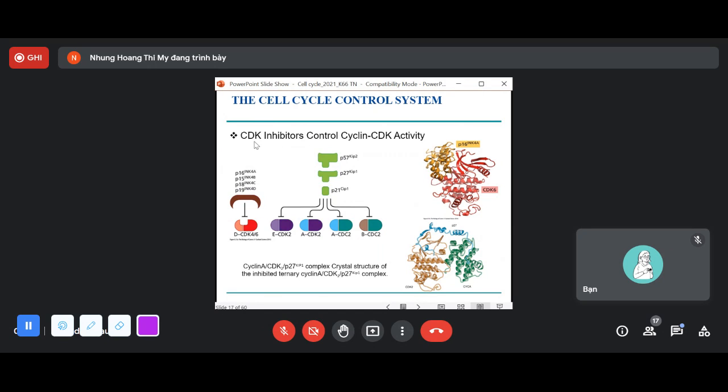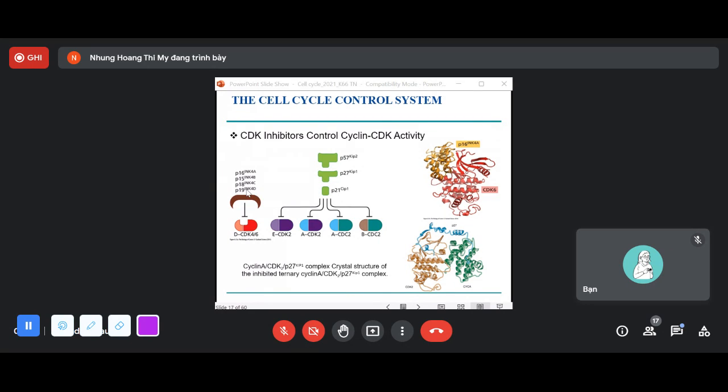And there are two classes of CDK inhibitors inside the cell. The first one is the INK class. INK, that means I and K, they call it ink, like ink to write, right? The INK4 class consists of four members, INK4A, 4B, 4C, and 4D.